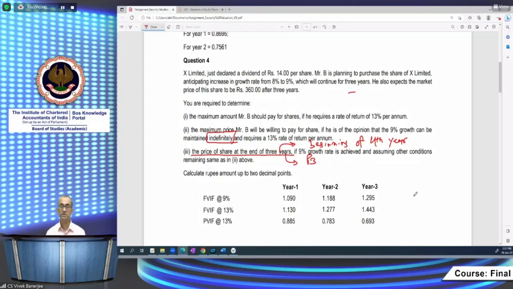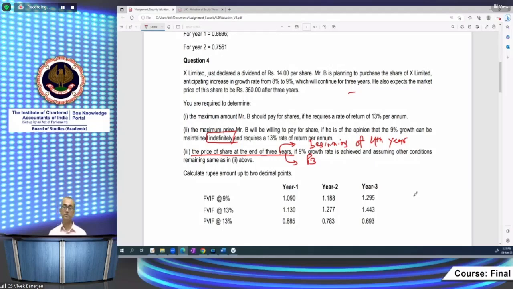So in this case, Gordon's constant growth rate model will not be used. The present value has to be calculated for every year for the first 3 years. And also the present value has to be calculated for the selling price, because the investor expects to sell this at the end of the third year.